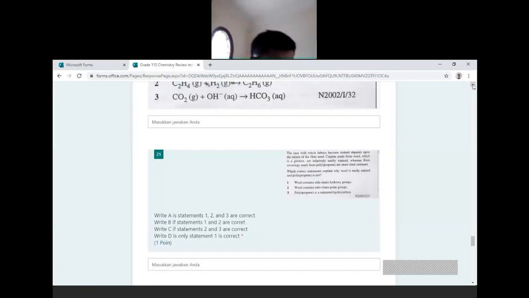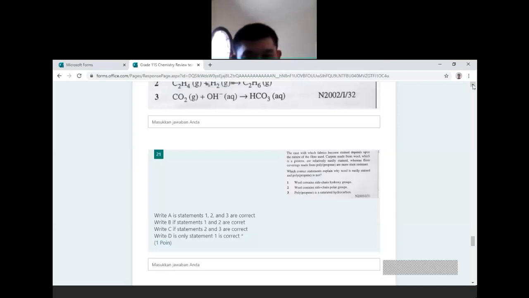If the intermolecular force is hydrogen bonding, it is able to absorb the stain, because stains are made up of polar molecules. Because of the electronegativity difference in the hydroxy group, it becomes polar. So statement 2 is also correct.